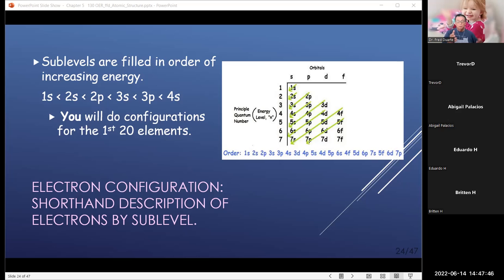Good question. Two reasons. One, there is a shorthand way to write the electron configuration by putting the noble gas beforehand in brackets, and then putting the rest of it. The whole idea here is to understand how the electrons are put in their different separate orders, all the way starting from the 1s orbital.